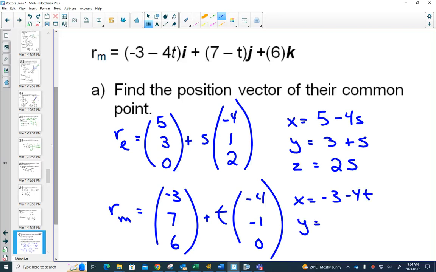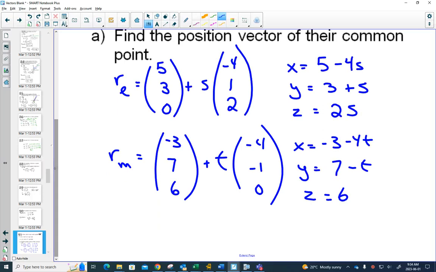Y is 7 minus t, and z is 6. And we have these two lines supposedly intersect. Now, does it make sense if they intersect, their x coordinates would be the same, their y coordinates would be the same, and their z coordinates would be the same?